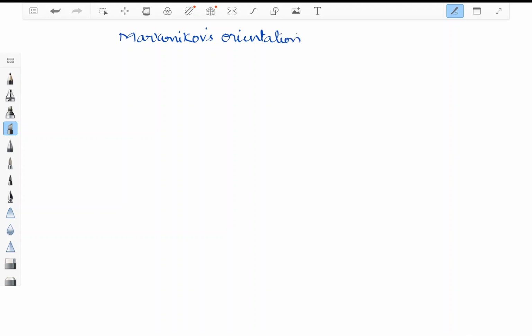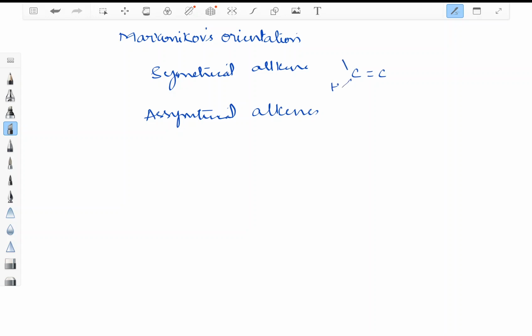See, symmetrical alkene and asymmetrical alkene are two things we need to understand with the help of a few examples. The first example, symmetrical alkenes. For example, you have a carbon-carbon double bond, and here we'll have two hydrogens.